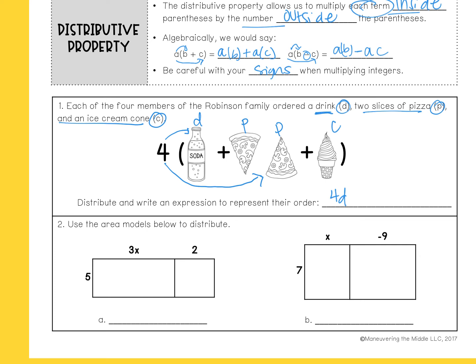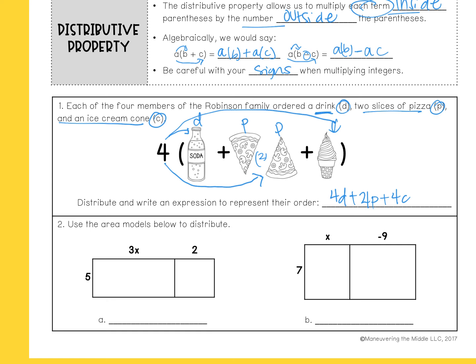So if the pizzas represent the number 2, we're going to distribute the 4 people to 2 slices of pizza. And we'll have 4 times P. And then we're going to distribute that 4 to each person getting an ice cream cone. So plus 4 ice cream cones. So when we distribute that number on the outside to all of the numbers on the inside, we get 4 times D plus 4 times P plus 4 times C.